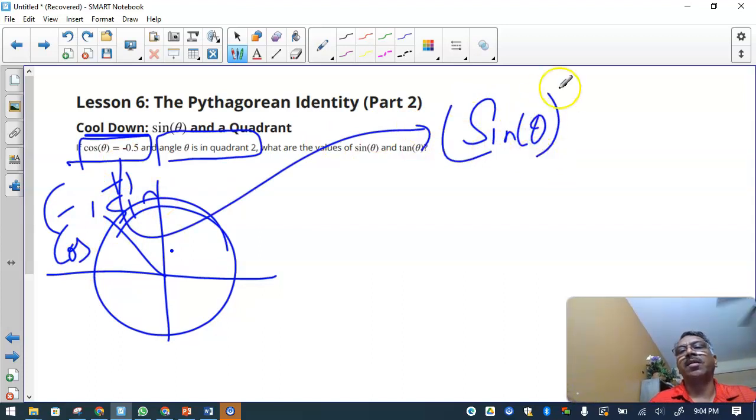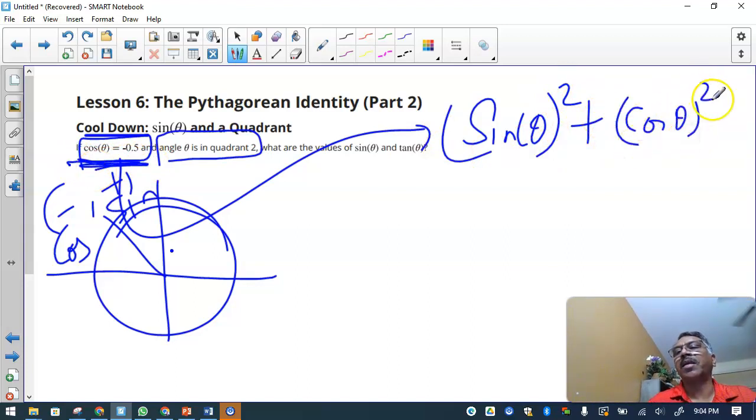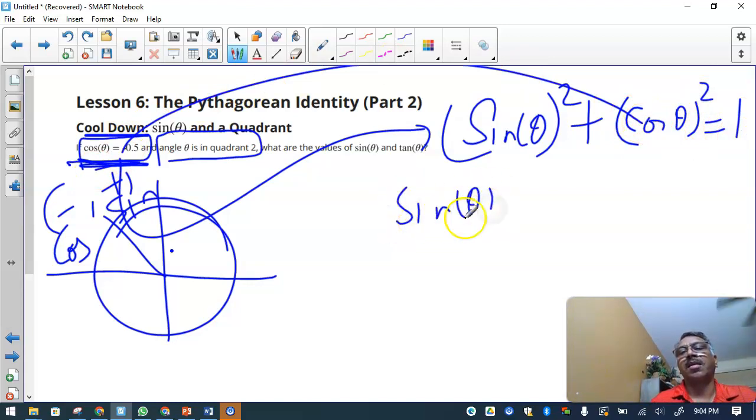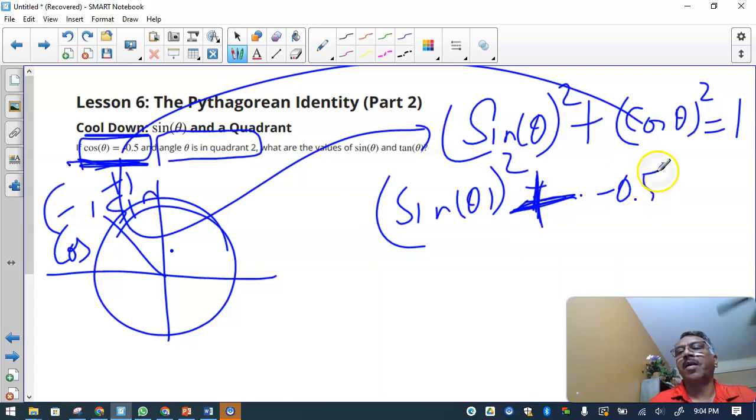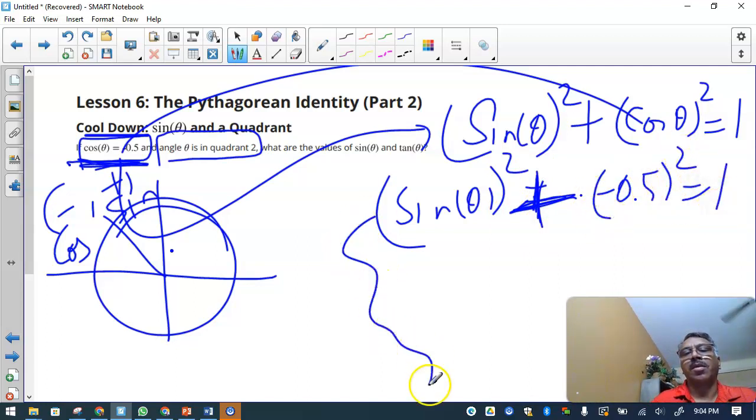You do it yourself. The only thing is, instead of sine, they give cosine here. You use this Pythagorean identity, plug this in here, and you say, okay, sine theta squared plus minus 0.5 squared equals 1, and you go on doing the work.